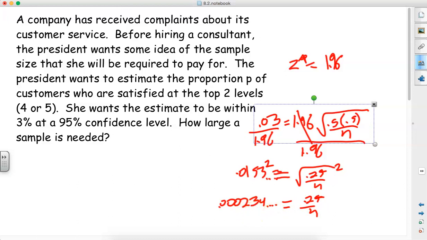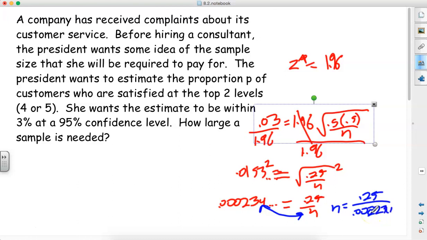So all you got to do right here is swap these, right? If 0.25 divided by n is this, then 0.25 divided by this is going to give us n. Just like if 6 divided by 2 is 3, 6 divided by 3 is 2. So all you got to do is swap those. And so n is going to equal 0.25 divided by this long decimal, 0.000234, whatever it is.